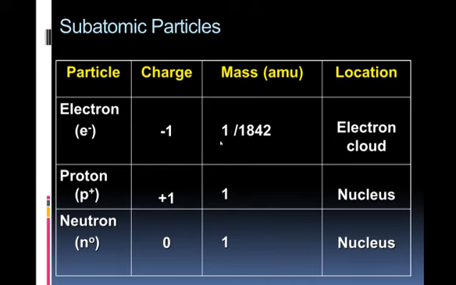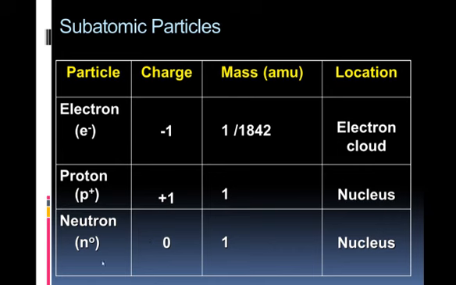So if you think about it, if an electron is 1 over approximately 1,842 AMUs, then it would take about 1,842 electrons to equal 1 proton. That's how small these electrons really are. We can actually find the protons located in the nucleus. That's in the very center of the atom.